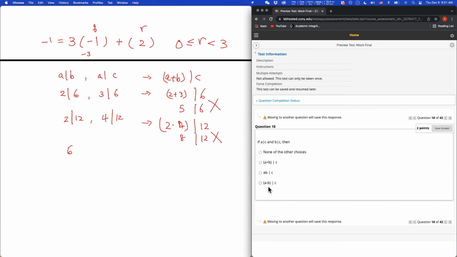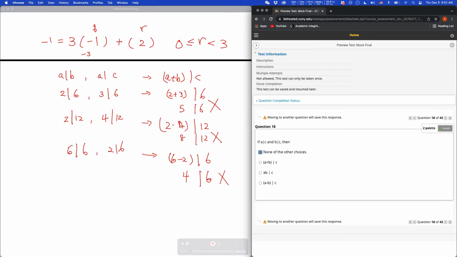We know 6 divides 6, and we know 2 divides 6. But if we check 6 minus 2 divides 6, 6 minus 2 gives you 4, and 4 does not divide 6. So this is also a counterexample. So we know none of them is true. Any questions here?